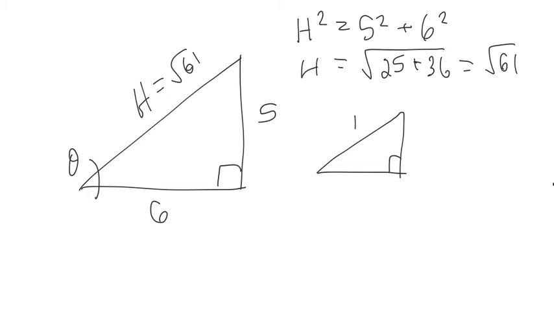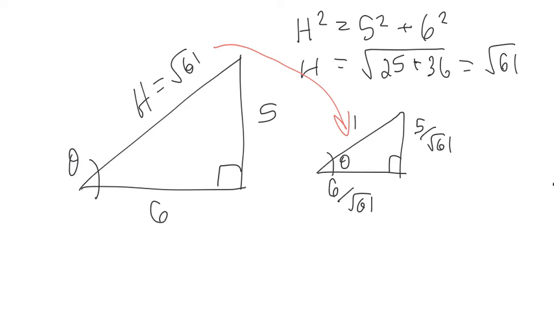My hypotenuse is square root of 61, so if I want to go from this triangle to this triangle, I have to divide all of my lengths by the square root of 61. So the adjacent side is 6 divided by the square root of 61, and the opposite side is 5 divided by the square root of 61.